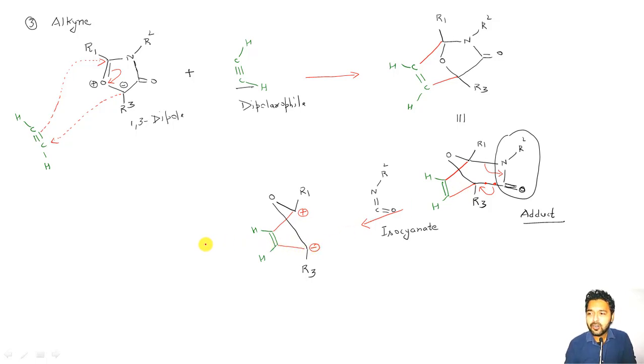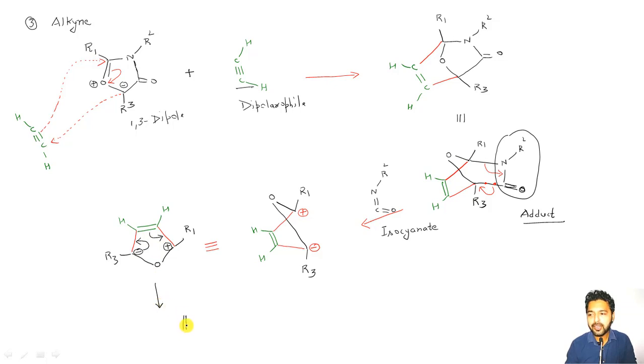Okay, and I can always represent this structure in this way, means a double bond here, one hydrogen, the second one, this bond here, which is attached to this oxygen, one R3 here on this side and R1 here on this side. To this carbon atom we are having a positive charge, and here we are having a negative charge, such that, now look carefully, this will shift here like this, and these electrons will go like this, resulting in the formation of what?